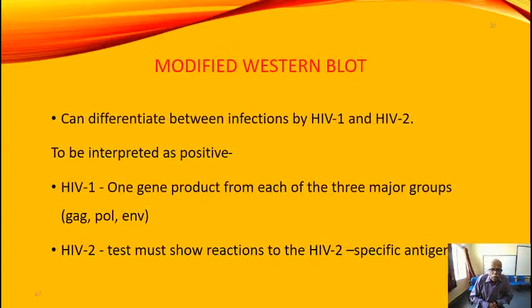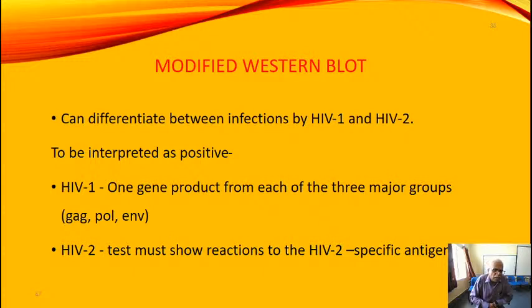This is a modification, mainly to differentiate between HIV 1 and 2, because previously we had only an HIV 2 test for Western blot. Now we have started impregnating that nitrocellulose membrane with antigens from both the HIV 1 virus and HIV 2 virus, like P24, P26, GP41, GP36 and VPU, VPX.